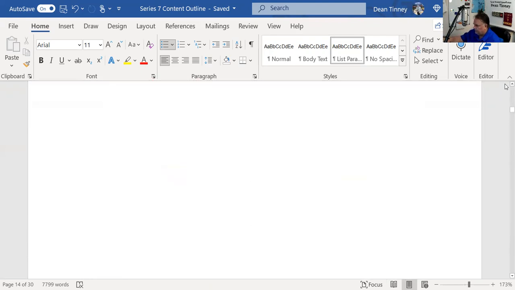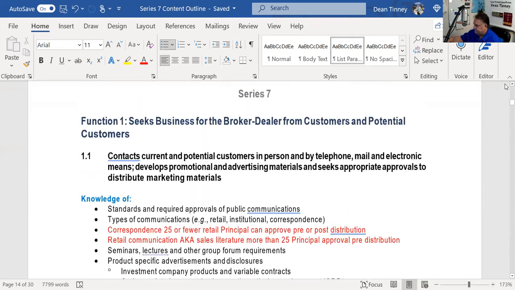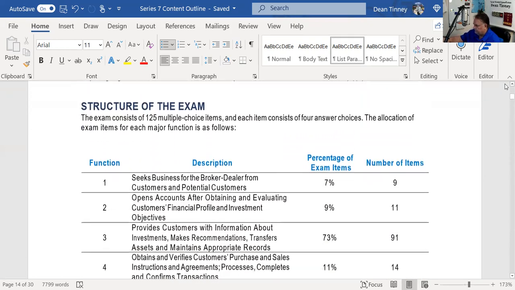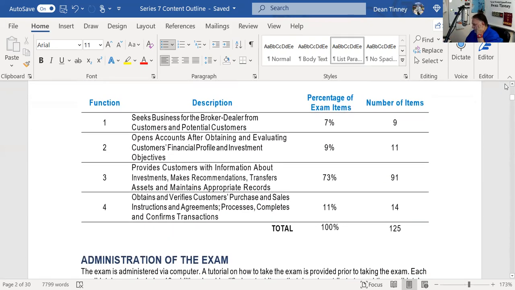But by way of reminder, here's where we're at presently. We're working our way through 73% of the exam, 91 questions. We haven't done equity. We haven't done corporate bonds. I don't believe we've done governments, but we're getting pretty close to getting into function 4 and almost being done with the explication. I put the explication in a separate playlist, and so I'm hoping you find it there.